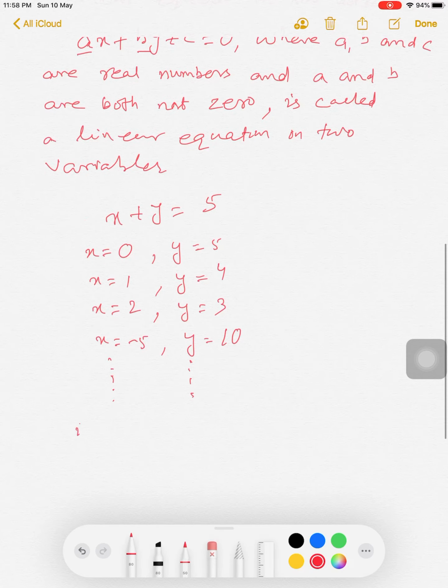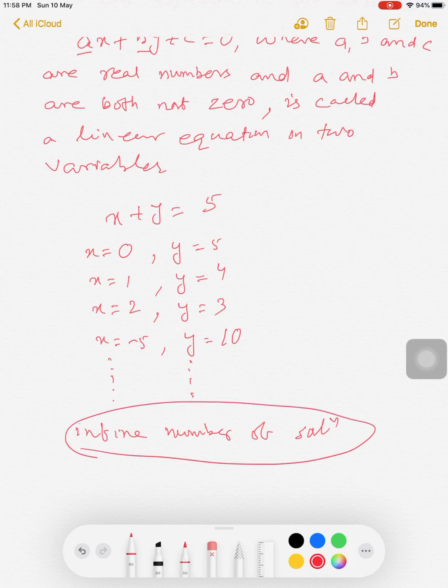Okay, so in this type of equation we have an infinite number of solutions, right? And how to write this solution? We can write the solutions in the form of an ordered pair.